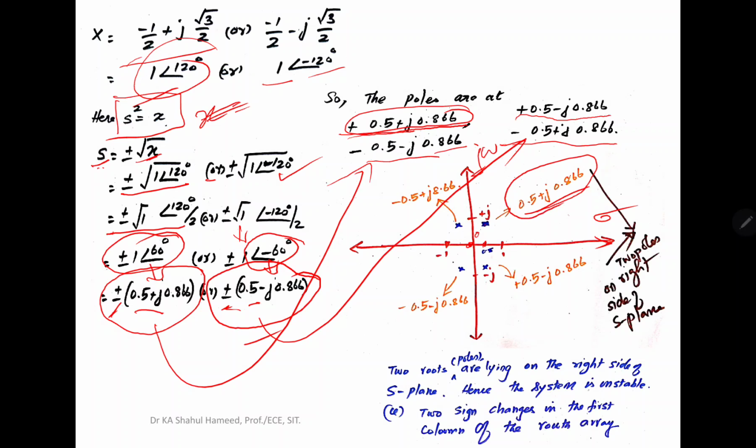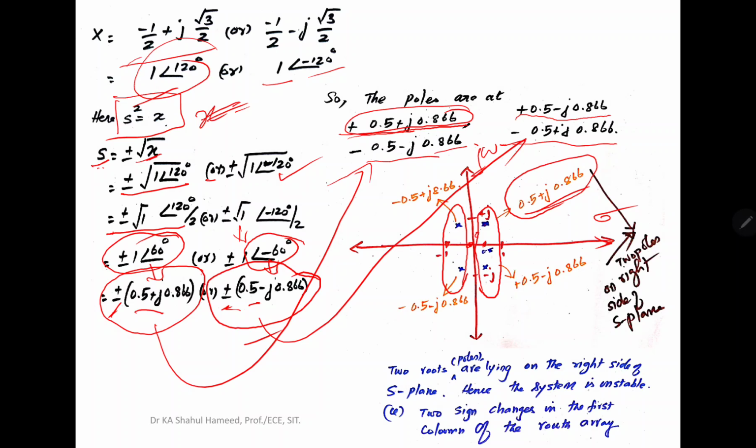Similarly, we can locate all the poles and conclude that two poles are located in the right hand side of the S plane, and two poles are located in the left hand side of the S plane.